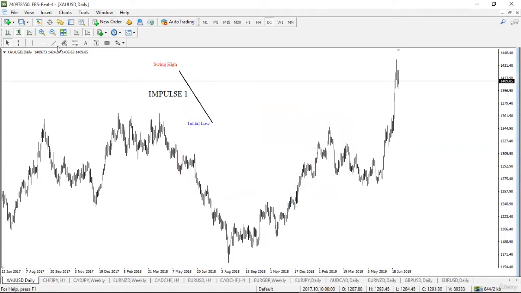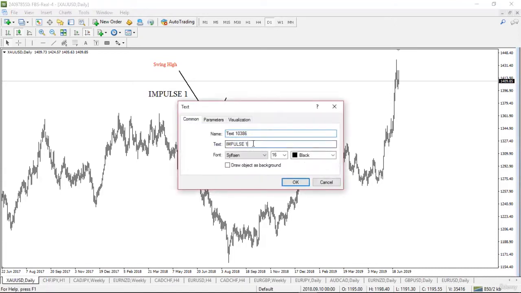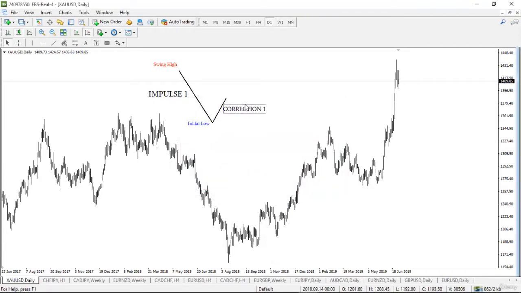Then you have a move, you get a leg that will go in the opposite direction of the trend. These are corrective moves. I mean, these are corrections. So this is a correction. This is your first correction. This one.